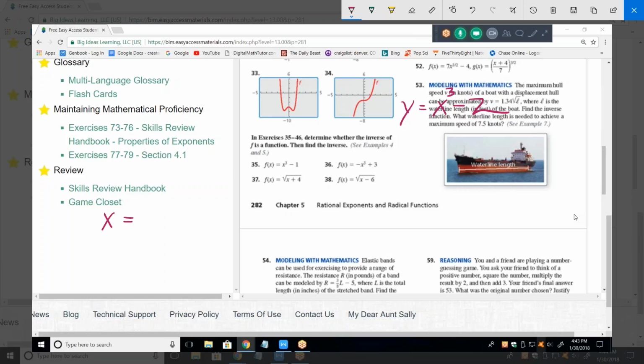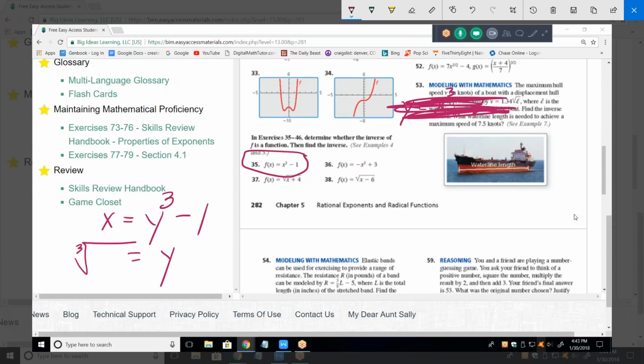Yeah, x equals y to the third minus 2. Minus 1. We're looking at that one right there. Oh, we're not looking at the previous problem. The previous one was x cubed minus 2. This is x cubed minus 1. So when I swap the variables, I get this. Now solve it for y. So the cube root of x plus 1 equals y.